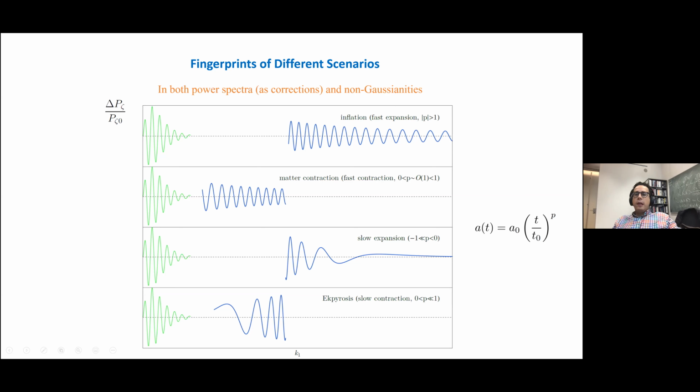I meant a very light extra field, not very heavy. Oh, if you have very light fields, it doesn't oscillate, if the mass is less than H. It leaves just some envelope instead of oscillations. Yeah, it will leave some non-oscillatory bumps in the power spectrum, perhaps, which is not very distinctive, and you have to look into non-Gaussianities.